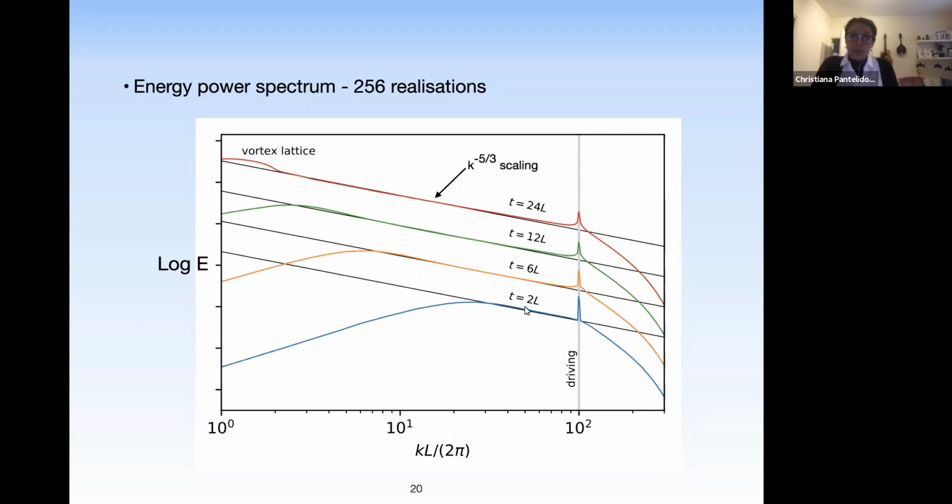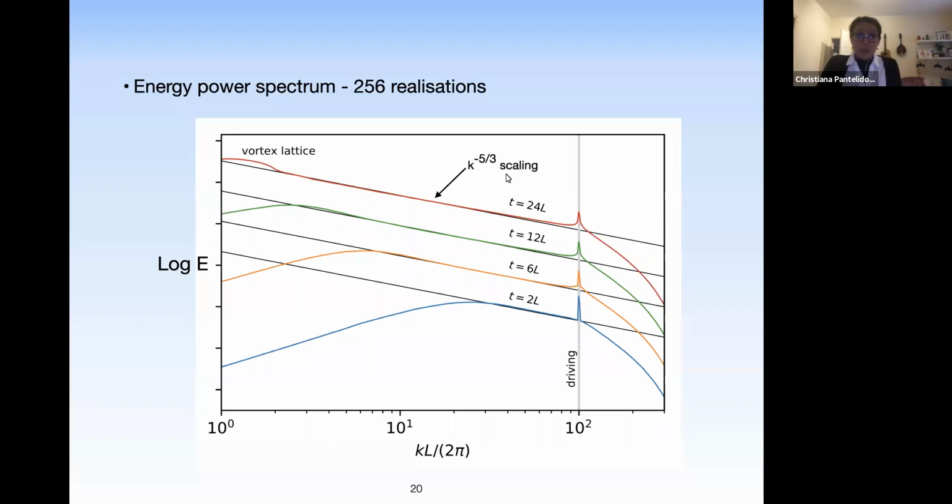And we see that as time passes, we get the formation of an inertial range that stretches more and more to the left. Okay, and we see that in all of these cases, the scaling in this inertial range is very much compatible with the k to the minus 5/3 scaling that Kolmogorov predicted.